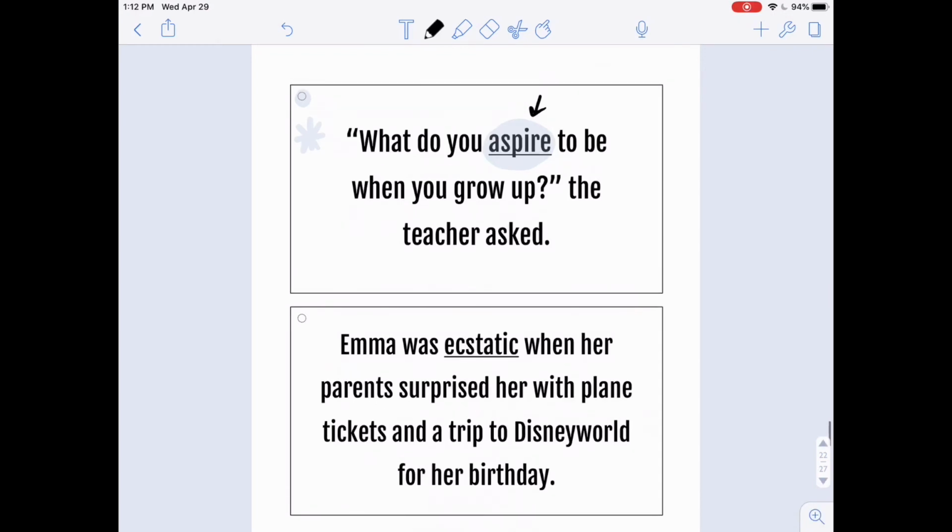I'm thinking I've heard somebody ask me, what do you want to be when you grow up? Do you think that's a good guess here? What do you want to be when you grow up? I think these words mean the same thing. So to aspire to something is something that you want, something that you're hoping for. All right, now you can try this next one and move down when you're ready.